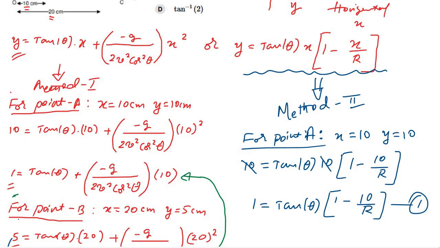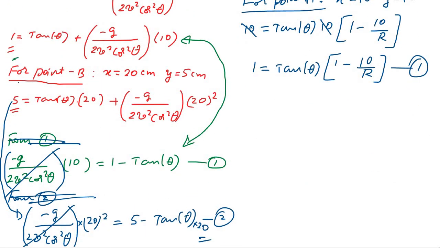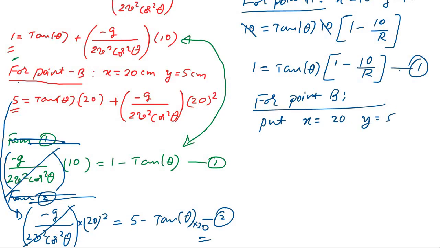On solving this much, we'll go further. Now solve for point B. For point B, we have to put x equals 20 and y equals 5.